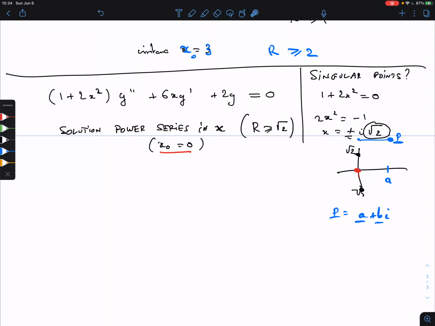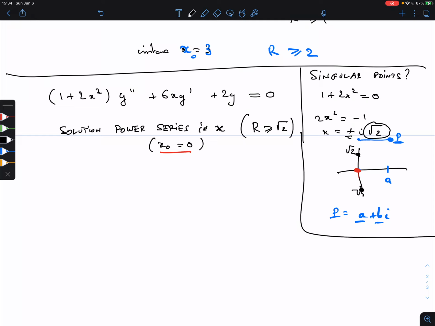So there's a solution that is continuous everywhere, but we cannot find that solution as a power series. Our power series solution will only be up to radius radical 2. That's the sad story about this. This is how things work, and there is nothing we can do about that.